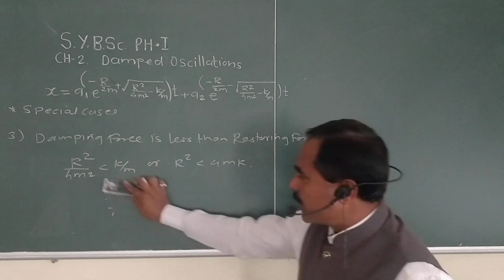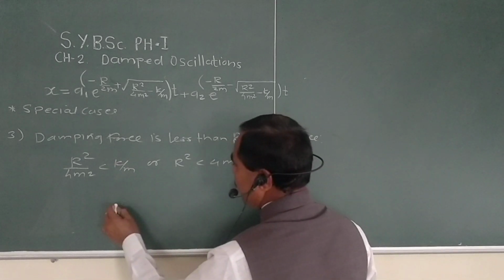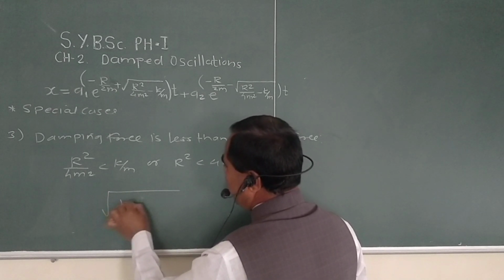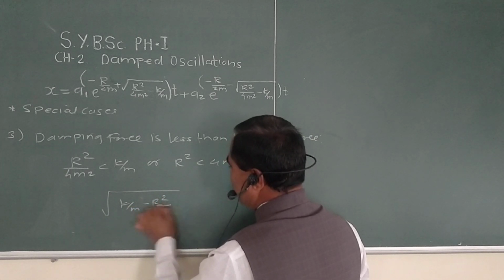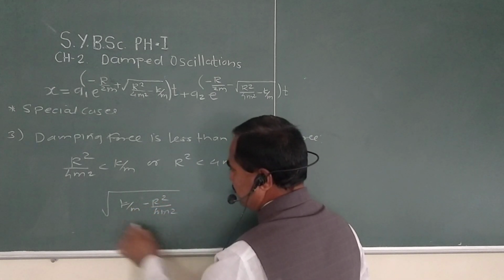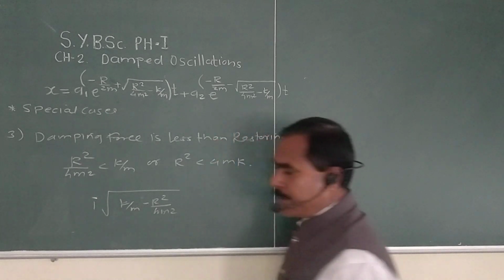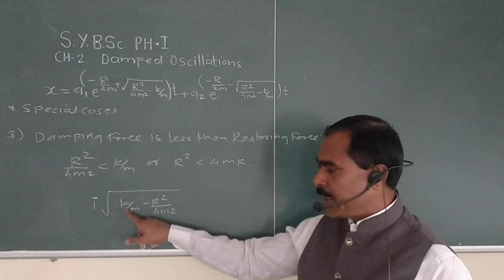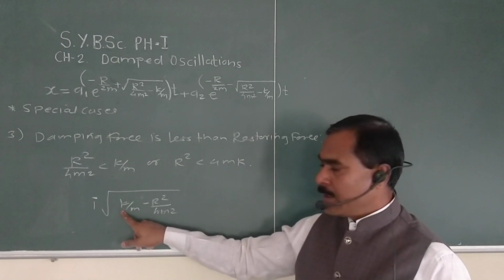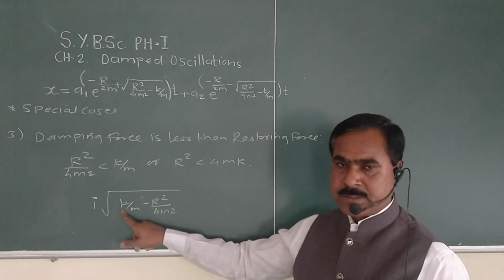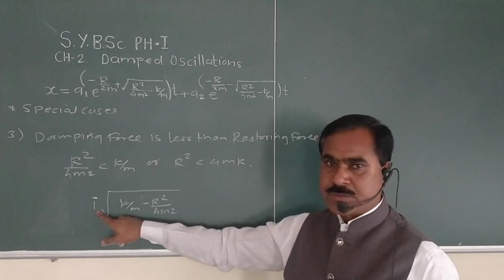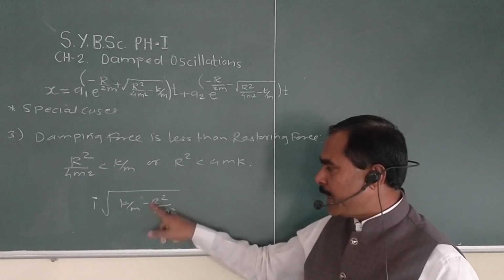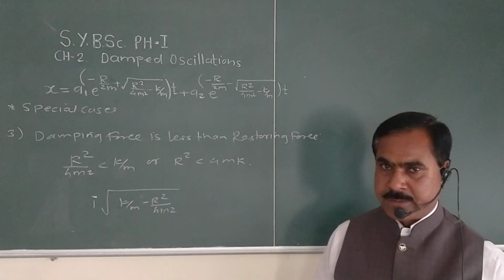So I will write root of k by m minus r square upon 4m square, and here is i, because we have changed the sign and the negative sign is common, and minus is i square, so we have taken i outside the root.